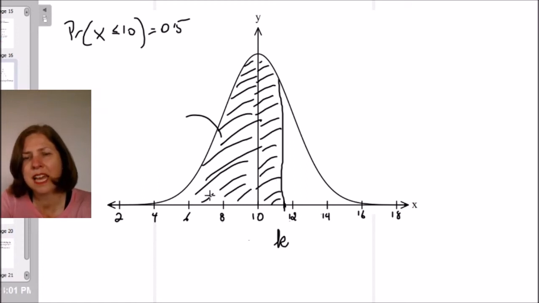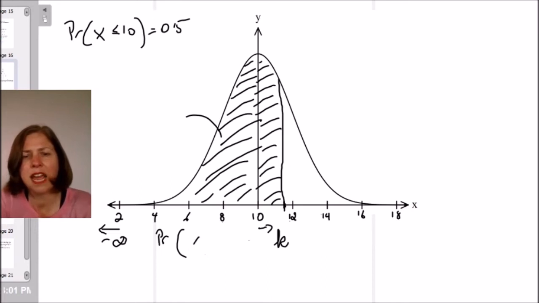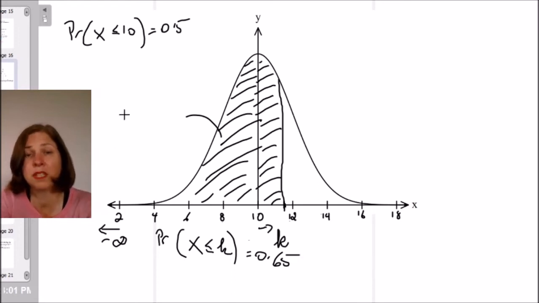I'm basically saying if I go from negative infinity in this direction up to some value K, then what is the probability that X is in that range? So the probability that X is less than or equal to K is 0.65. I know the probability. This whole shaded region is 0.65. So what's K?